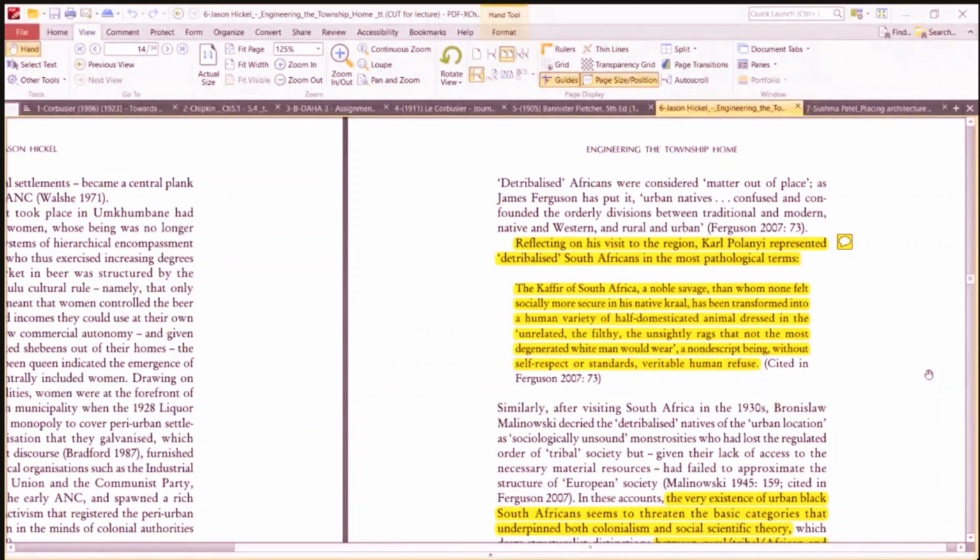This creature, who felt socially secure in his native kraal, has been transformed into a human variety of half-domesticated animal, dressed in the filthy, unsightly rags that not the most degenerated white man would wear, a nondescript being without self-respect or standards, veritable human refuse. He's saying half-domesticated animal, right?